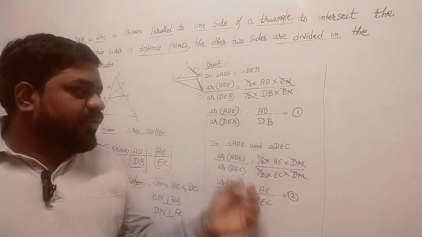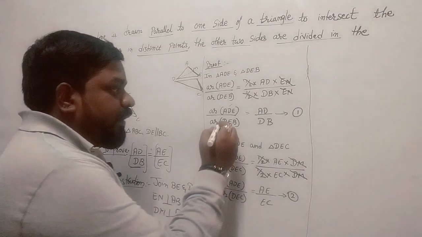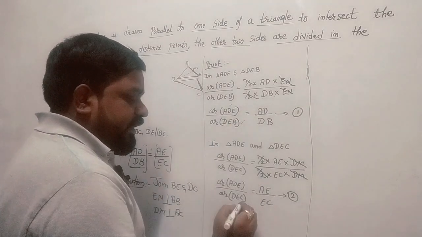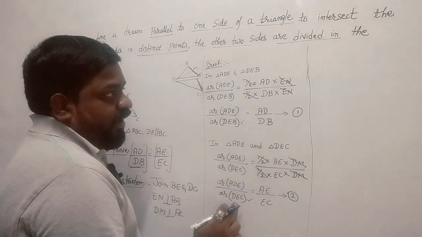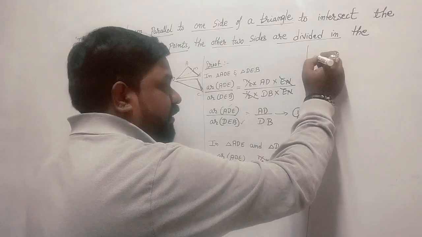We have obtained two equations. In the denominator we have DEB and DEC. These are two different triangles. So start from there.